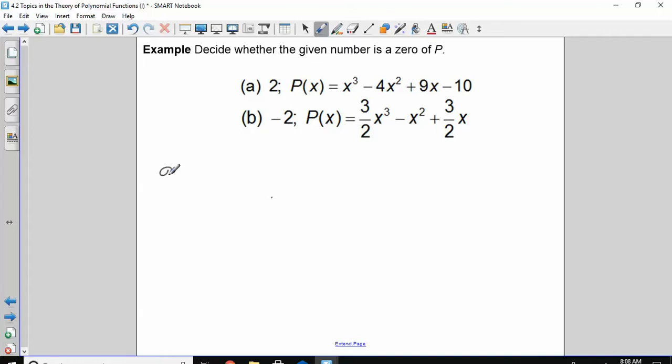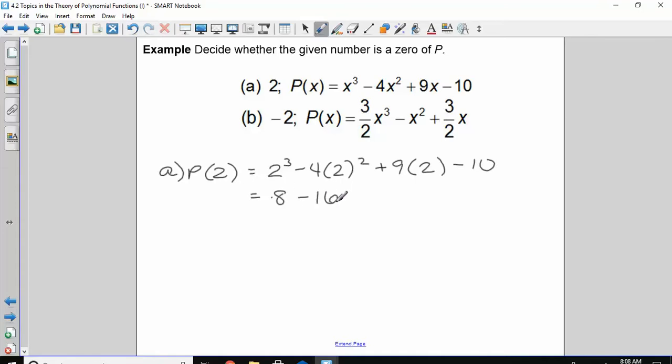So for A, if I put a 2 in, and of course you guys don't have to show me quite this much work, but you can use your calculators if you need to. And we get 0. So my answer is yes.